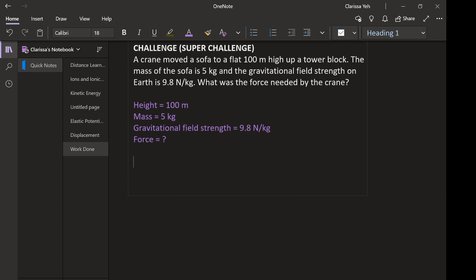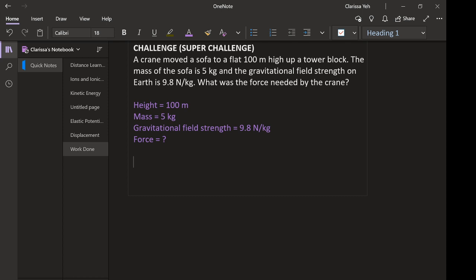It gained in some gravitational potential energy. That energy, once again, didn't come from nowhere. It came from our crane. And to transfer that energy from the crane to the sofa, we have mechanical work. We had a force doing that energy transfer for us.